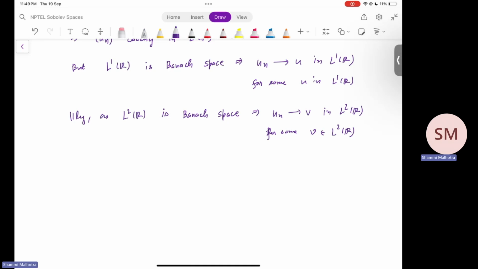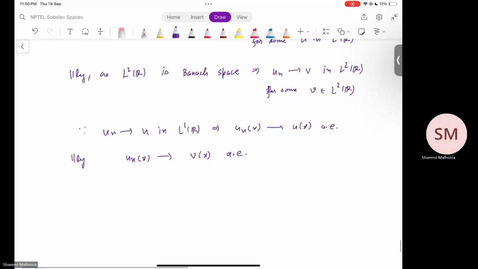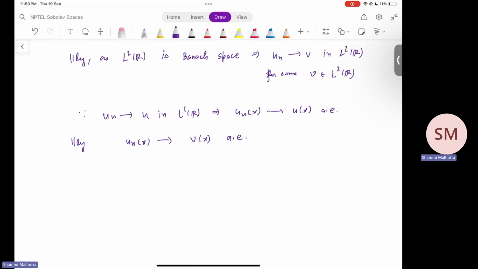But we need to show these u and v are equal. We also know that since u_n converges to u in L1(R), u_n(x) converges to u(x) almost everywhere. Similarly, u_n(x) converges to v(x) almost everywhere. But since these pointwise limits must be equal, u(x) has to be equal to v(x) almost everywhere. And thus we have u_n converges to u in E.